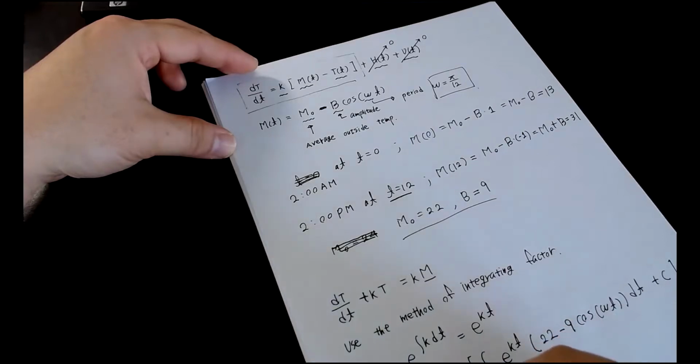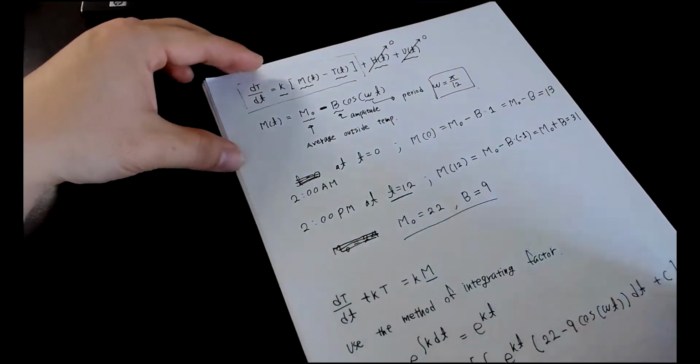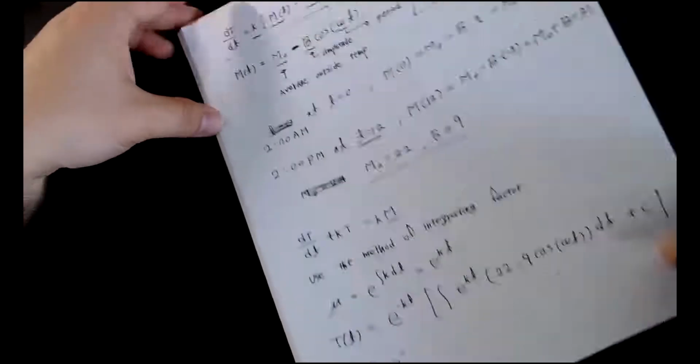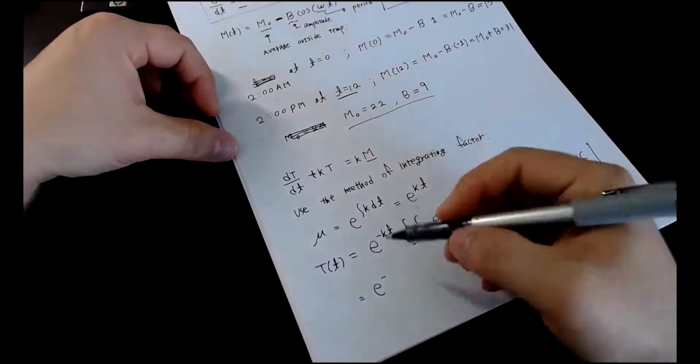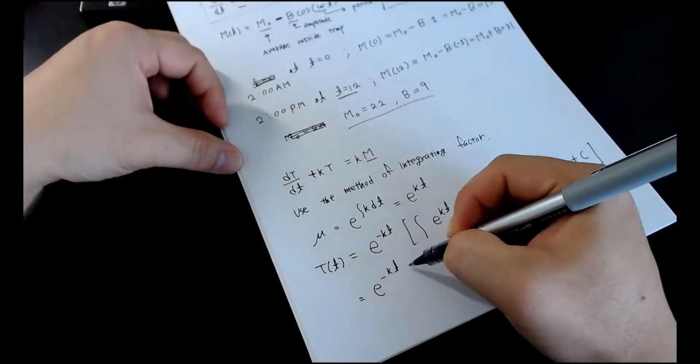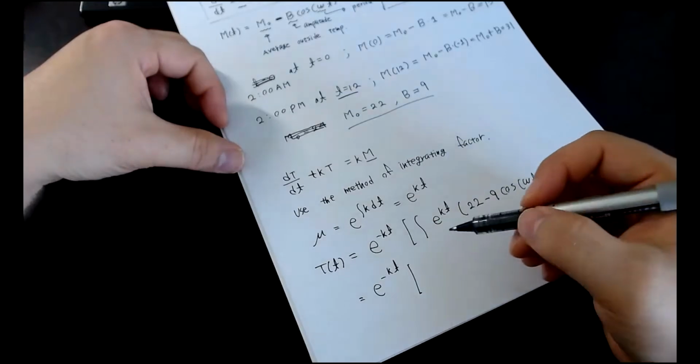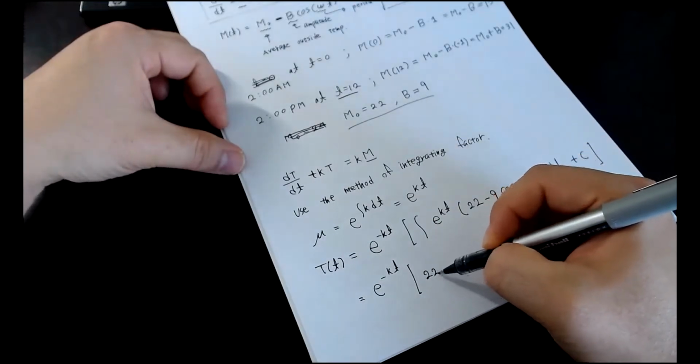So now this is equal to e to the negative kt.